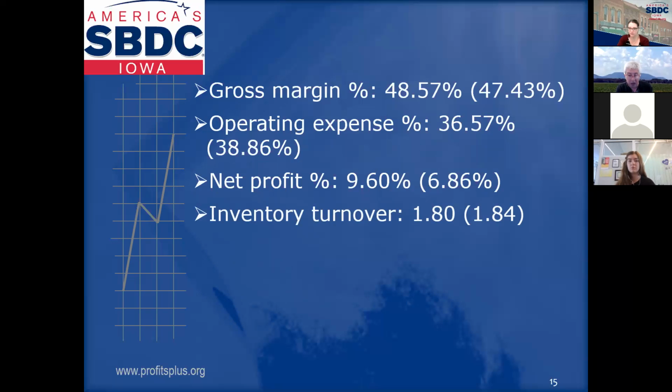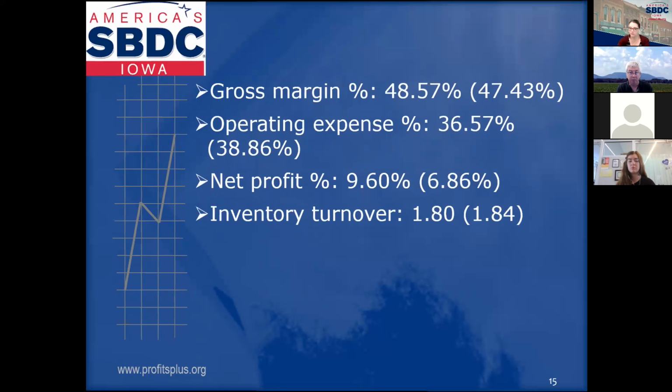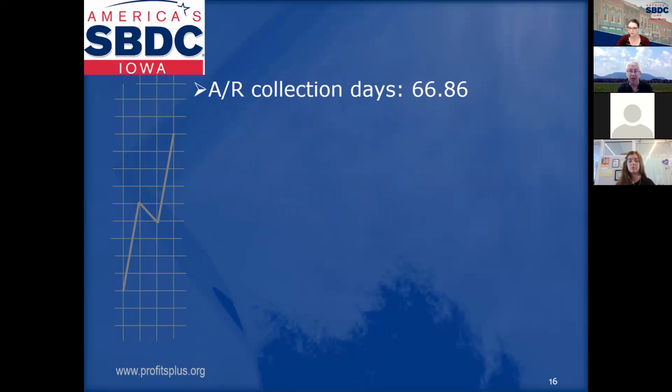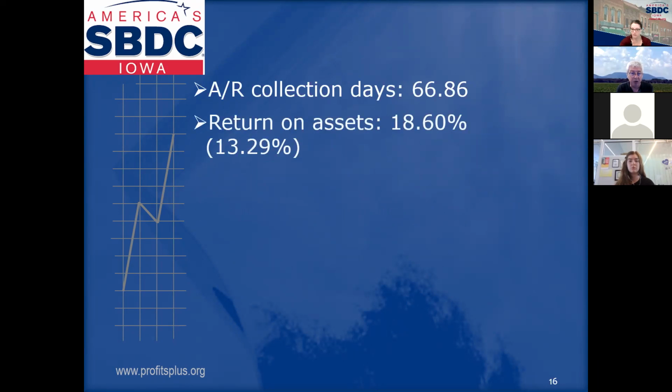So because of the other changes I've made, I'm not worried about it. I didn't change my collection days, although I will tell you that a lender is going to look at it and say, that's not a good number. I expect your lender is going to tell you the answer needs to be less than 45.